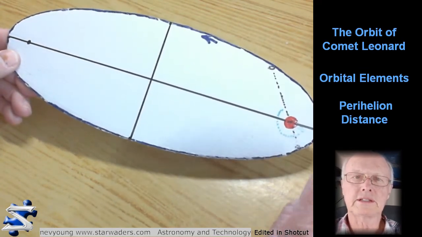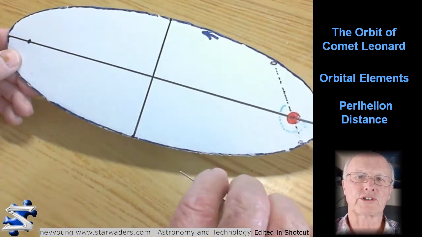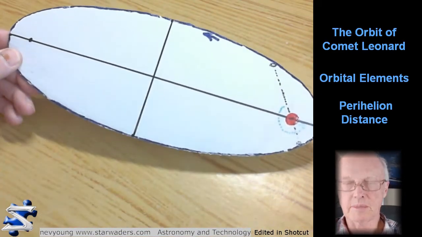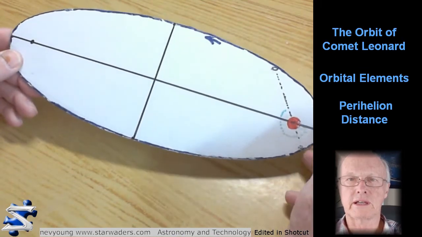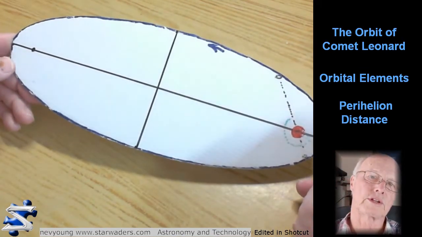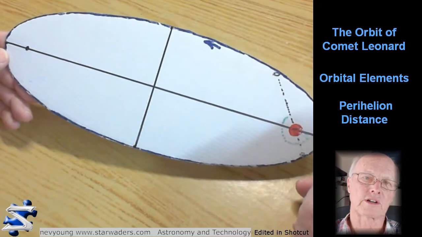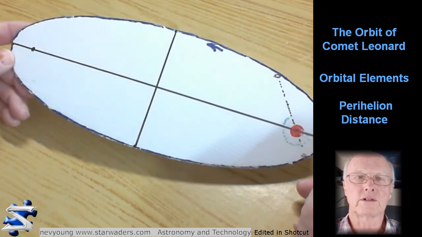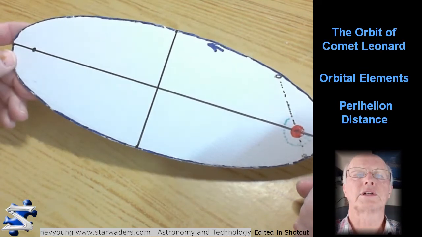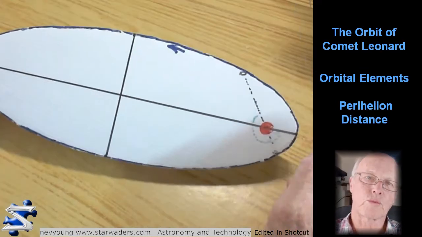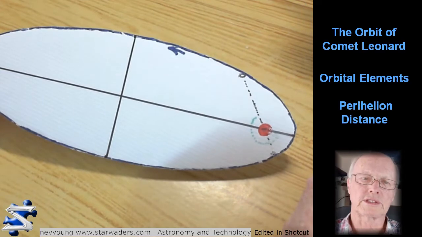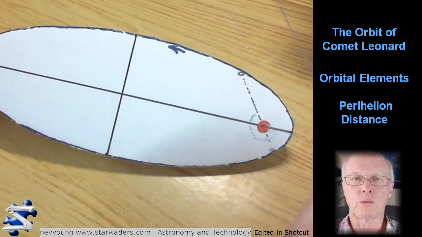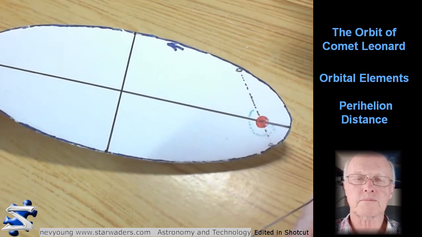But now, seeing the comet and actually seeing it at its aphelion and its perihelion is not really the right kind of way, or an efficient way, to get an idea of the size of the comet. And that is done by using the laws, Kepler's laws. Johannes Kepler worked out all the formulas, and with his 3 laws of planetary motion, of how objects do orbit around the sun.